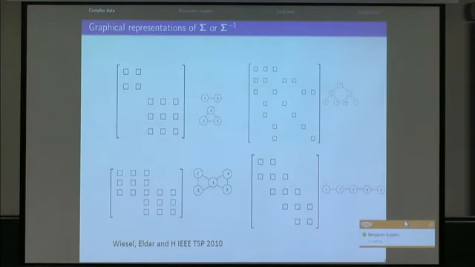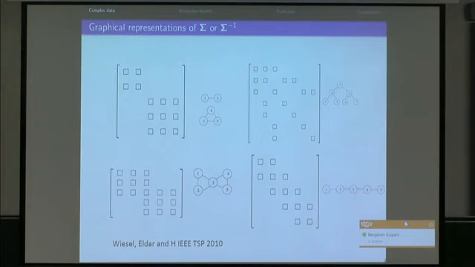So one can relate this to graphical models simply by identifying the equivalence of a covariance matrix with zeros or an inverse covariance with zeros, depending upon whether it's a covariance or an inverse covariance graphical model.